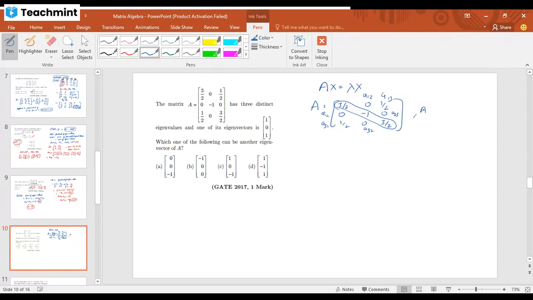It means that A transpose is equal to A, first row with first column, second row with second column, third row with third column. And in the case of a symmetric matrix, the property is that the eigenvectors corresponding to distinct eigenvalues are mutually orthogonal.